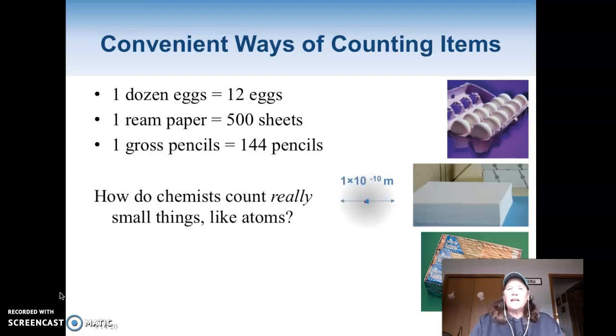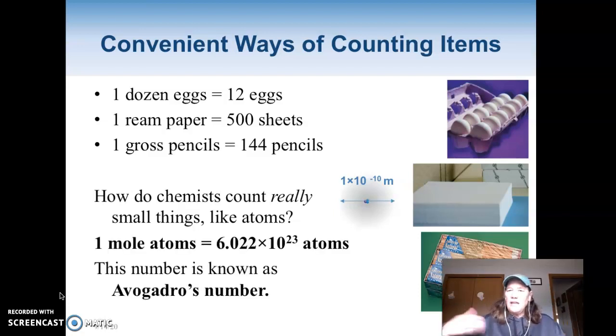So when we're talking about atoms, remember atoms are so tiny. There's no way you can actually physically weigh them or anything. So what they did was they came up with a system that was uniform that everybody could use to measure things, okay? So chemists have their own system. A mole is a unit of measurement, okay?